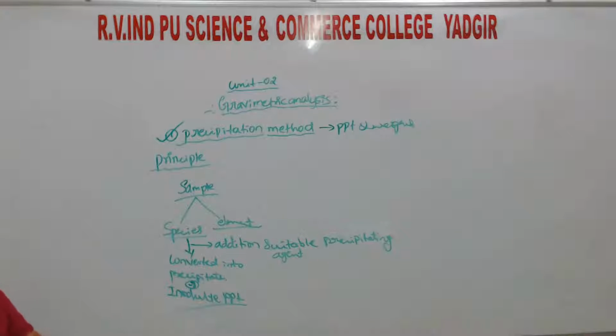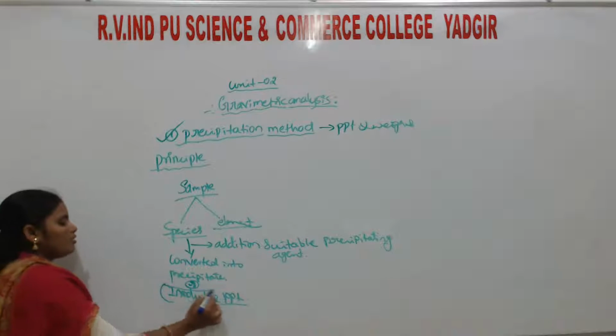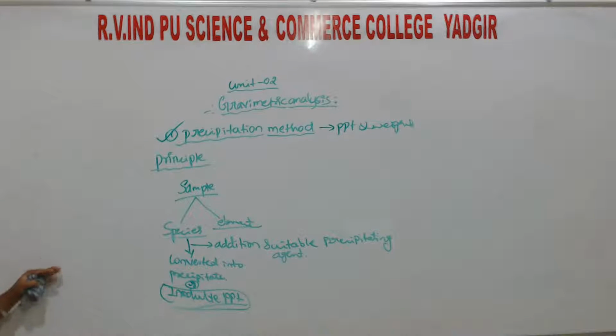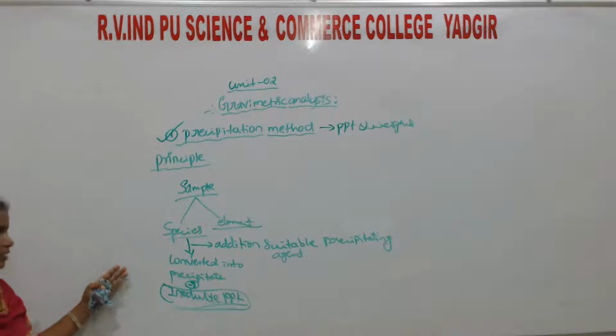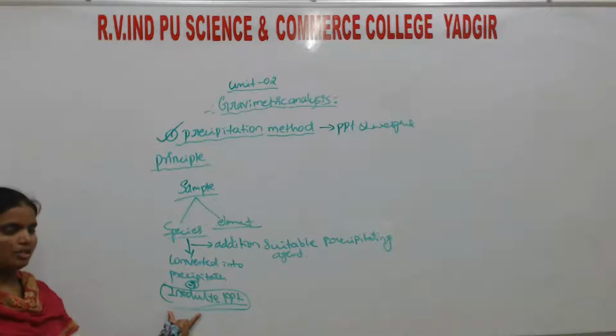Knowing the weight and composition of the precipitate, or of the compound into which it has been converted, the weight of the species can be easily calculated.